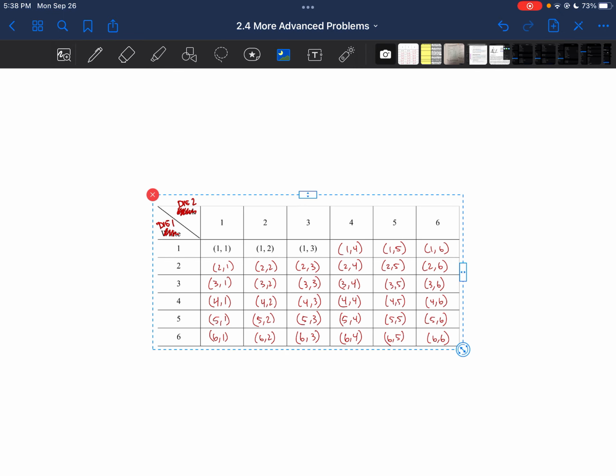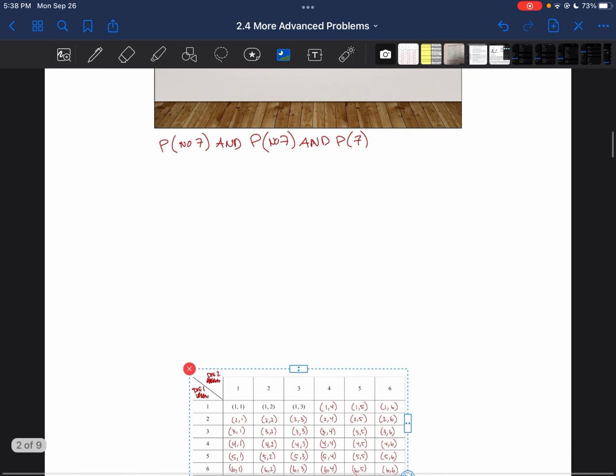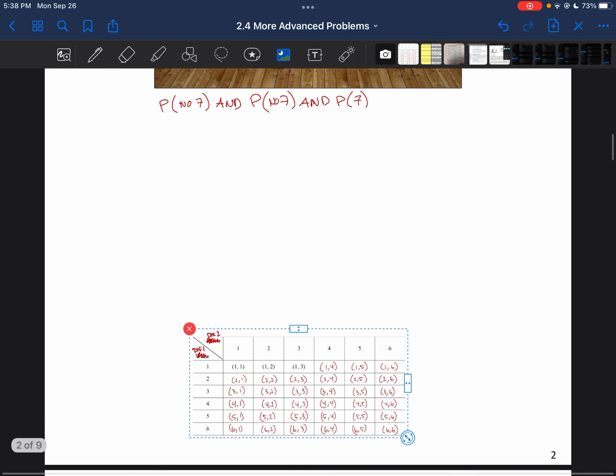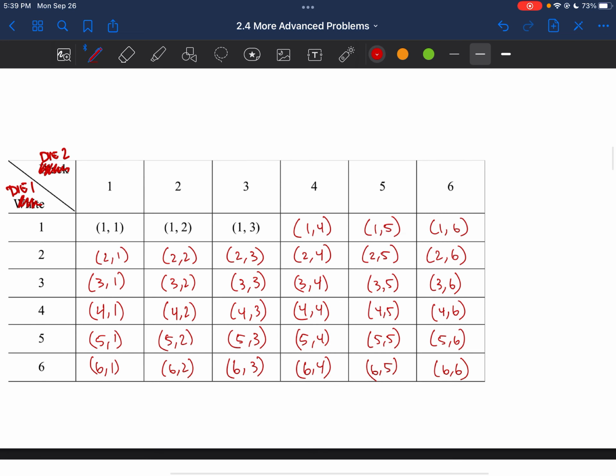So I'm just going to put in my die table because it's going to be helpful for me. If I need to know the probability of getting a 7, it helps to know how many different ways I can get a 7. So I can get a 7, that's this whole diagonal right here. These are all 7s. So there's 1, 2, 3, 4, 5, 6 different ways to get a 7 out of 36.